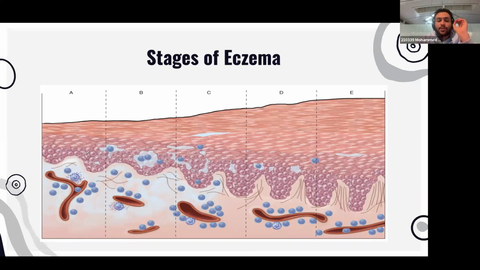Now, these lymphocytes slowly cause this finding over here, which is spongiosis. Over time, spongiosis turns into increased thickness of the entire wall, which is what do I call that? Acanthosis, good. Then you have hyperkeratosis, and then you have dryness. Eczema, something chronic, okay? Very chronic disease.